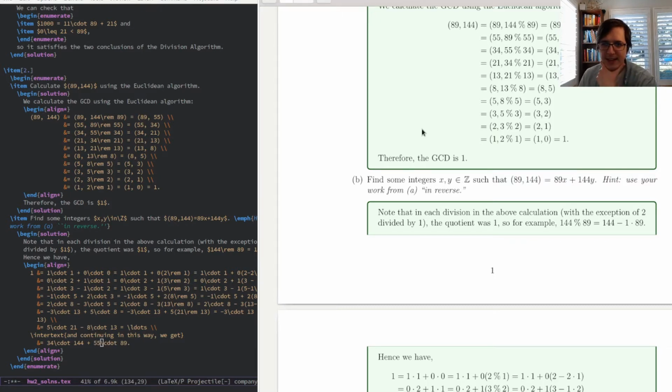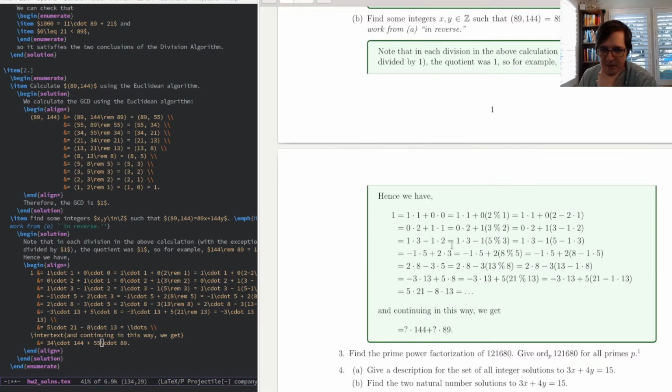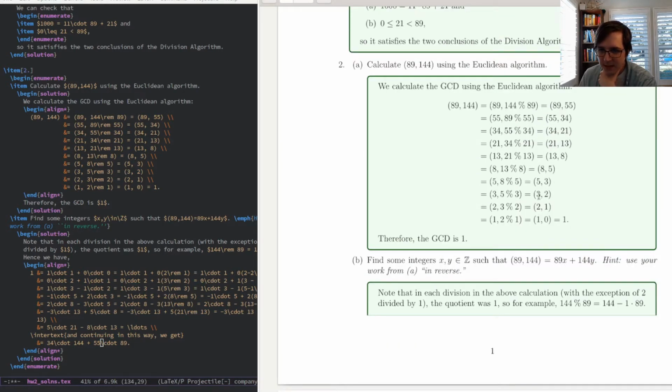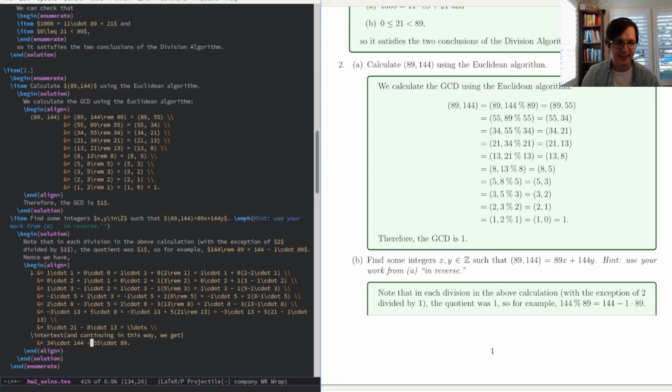And now we have to decide whether it's positive or negative. So it goes positive, negative, positive, negative, and each one gets the opposite sign.